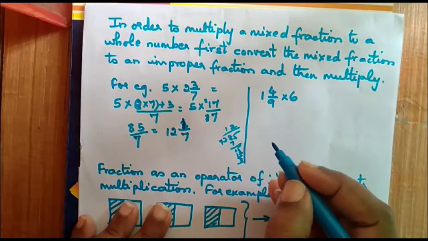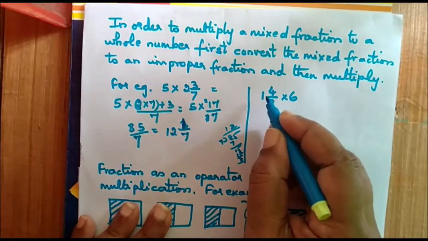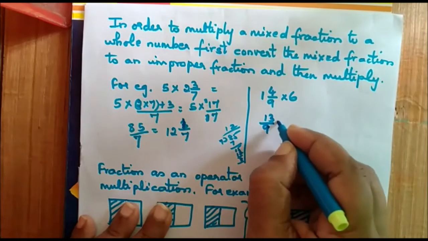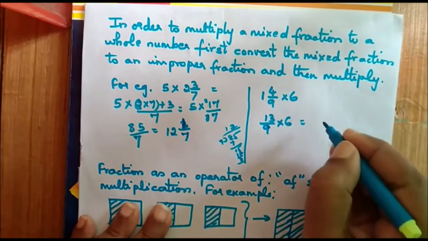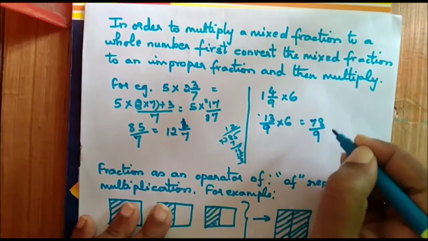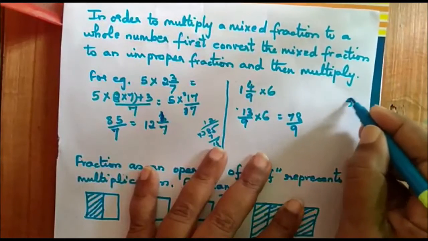Now we'll go to this one. 9 into 1 is 9 plus 4 is 13 by 9 into 6, which is equal to, what is 13 into 6? It is 78 by 9. Now you can write this in the form of a mixed fraction.